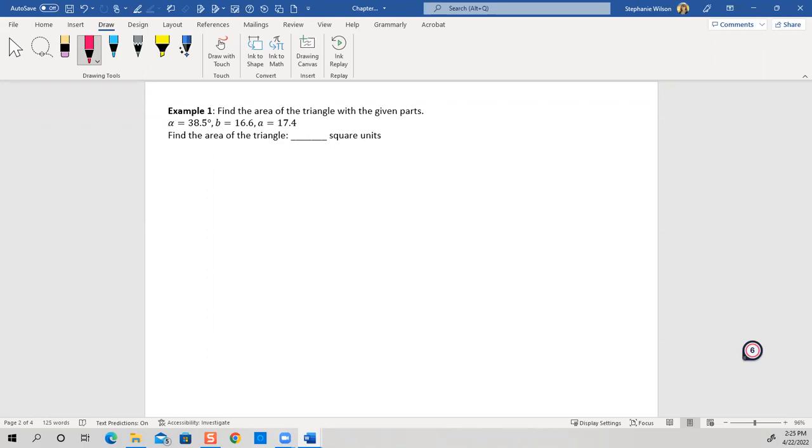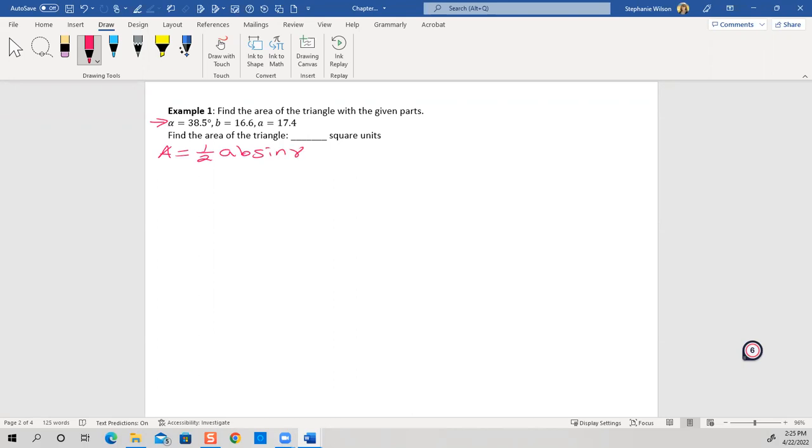And when you draw it, you're going to notice that the sides A and B are given here, right? Because when we label, we notice we got alpha as the angle and then the two sides B and A. So we want to use the formula A equals half AB sine of gamma.